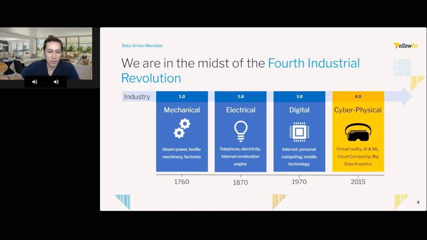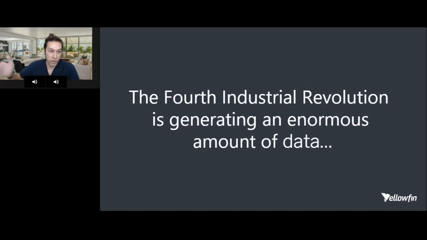Data is everywhere. It's just astounding. We're generating an enormous amount of data in this fourth industrial revolution. And you think about it, every time you surf the web, you send a text message, you shop online, data is being created. And not only is data being created, but it is also being consumed by businesses.